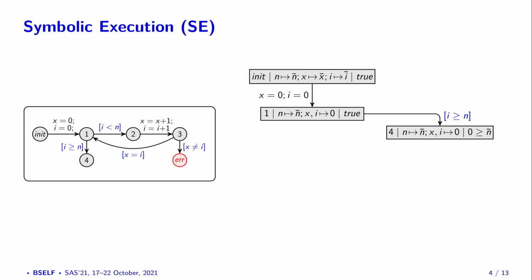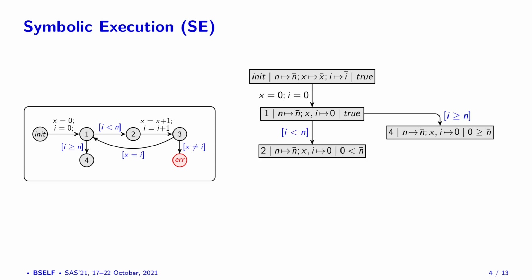Since we know nothing about the symbol for n, it may be less or equal to 0, and we generate a new state that got us to location 4, and remembers the condition that 0 is greater or equal to the symbol for n. Location 4 has no successors, so the execution ends there.